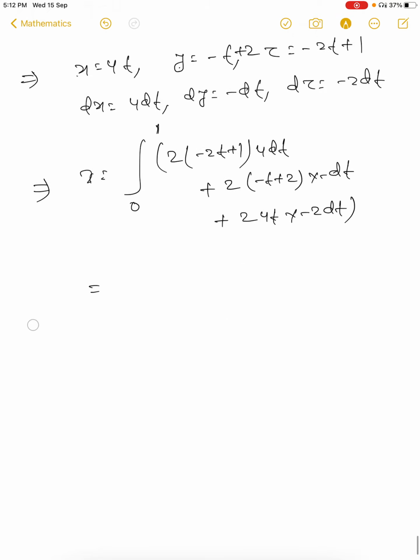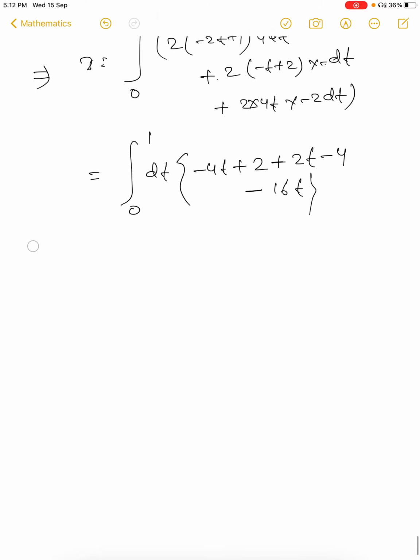So from here 0 to 1, dt take the common, okay, and here will be the minus 4t plus 2 minus, because of minus, and plus 2t minus 4, minus 4, and here minus 4 and 16t. So you will get 20 minus 18t minus 2.